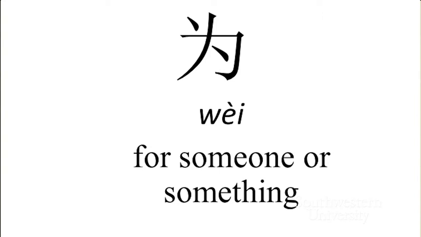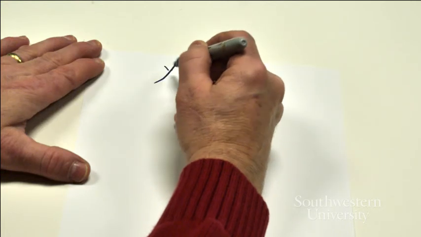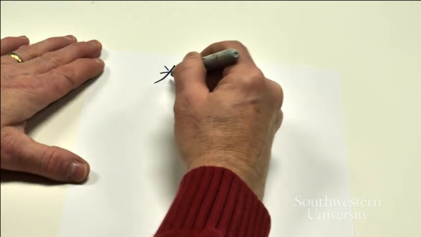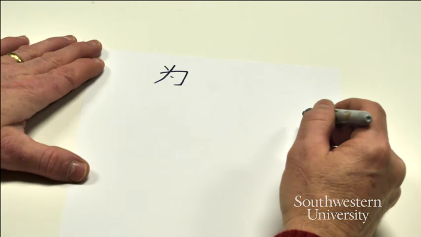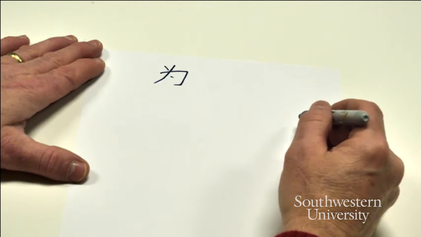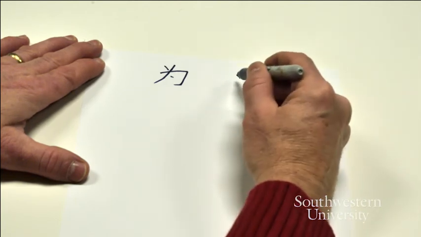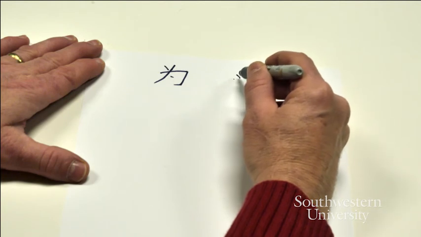Okay, the original meaning of wei was a hand guiding an elephant, which was clearly borrowed for the sound, because that is a difficult thing to do, to depict doing something for someone. It's written like this. The traditional form, maybe it looks a little bit more elephant-like.